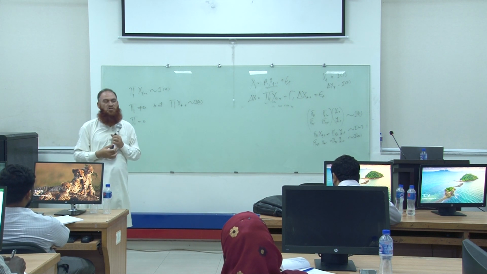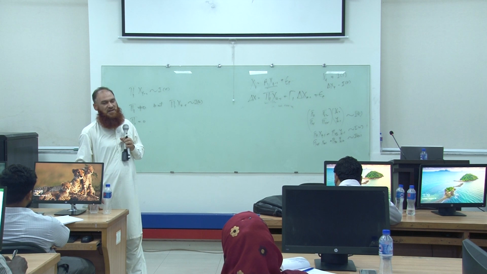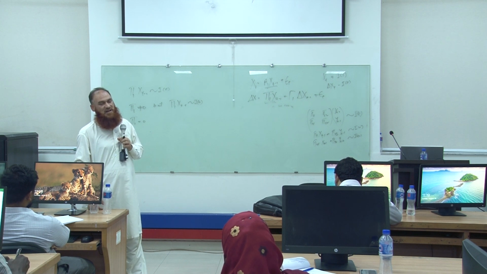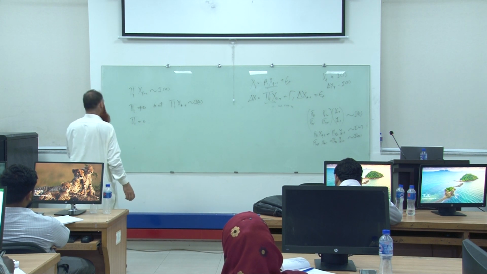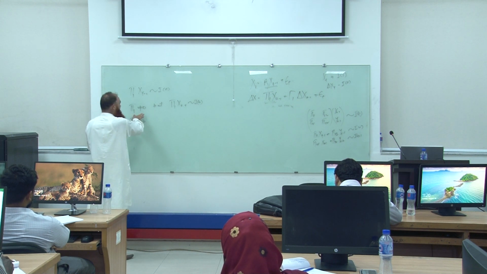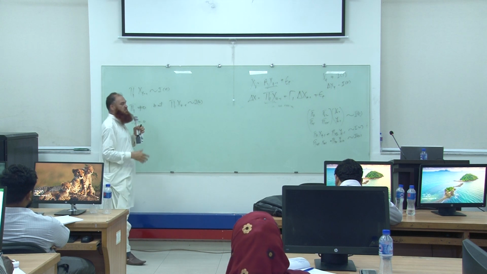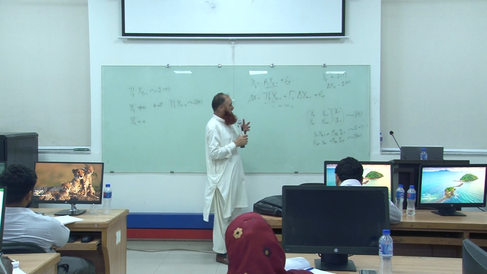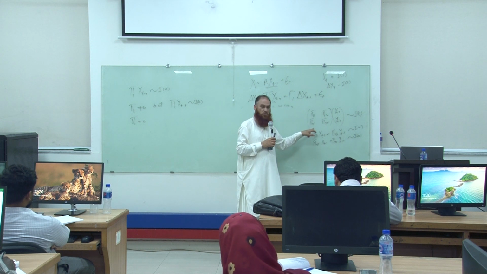You will have no term here. It will eliminate and you can get the balance on both sides. But suppose the situation is like this, pi is not equal to 0. This means at least one of these two rows is non-zero.